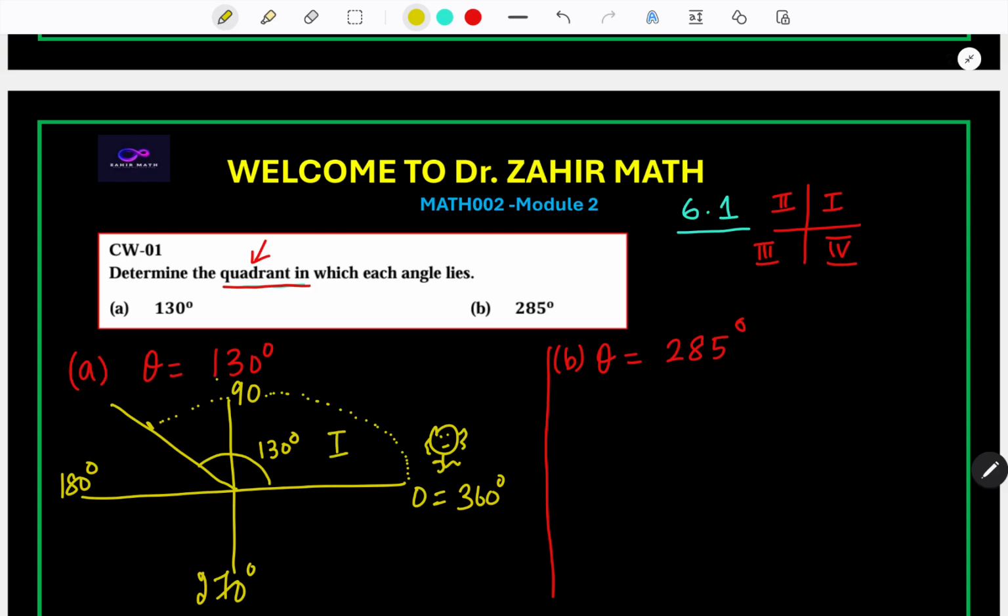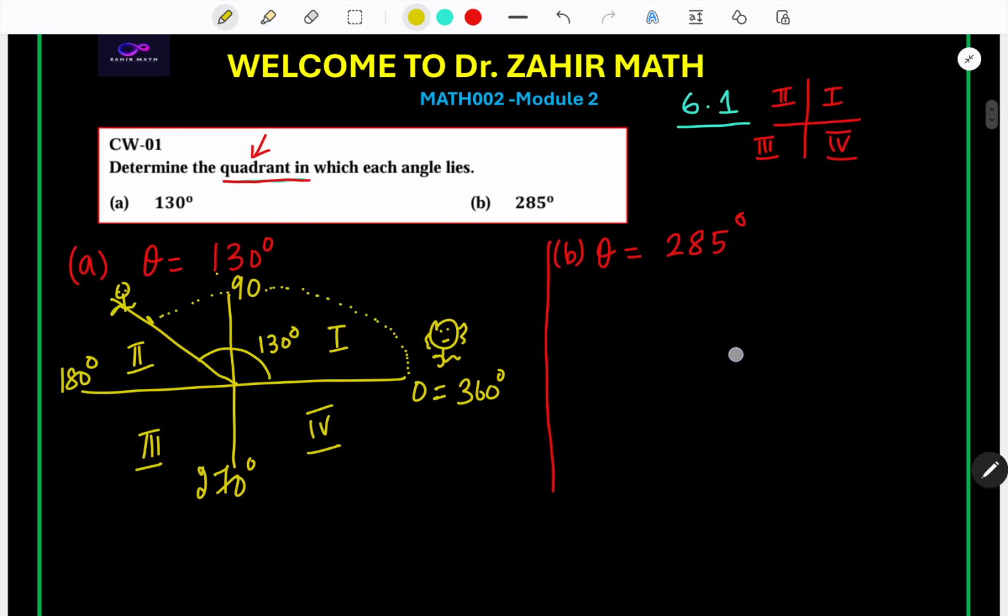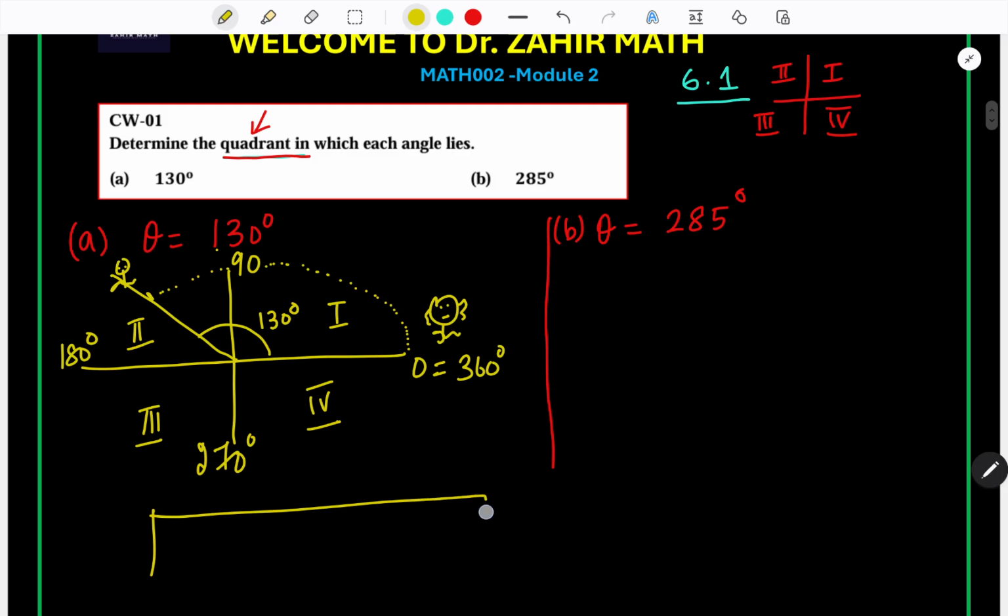This is your quadrant 1, this is your quadrant 2, this is your quadrant 3, this is your quadrant 4. Where are you now? You are in quadrant 2. So what is your answer? Your answer is theta 130 degrees lies in quadrant 2. Let's go to the next question.